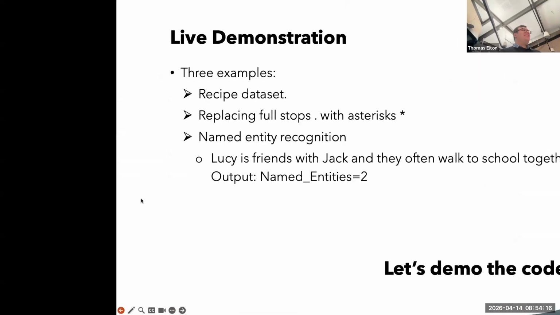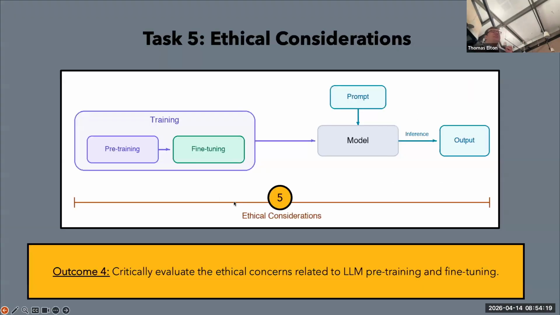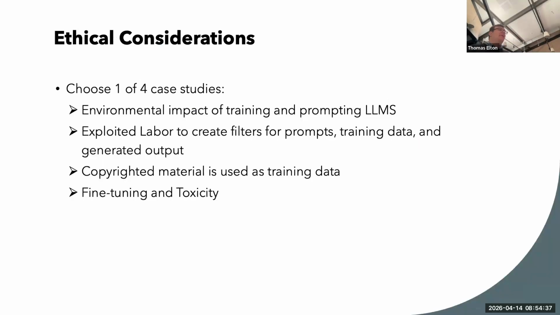Okay, so I'm just going to head back to the slides very quickly. We're almost over. Task 5 is about ethical considerations. It's really important in general to think about the ethical concerns related to LLMs, and there are a lot of them. In today's lecture and in the lab on Friday, we want you to focus on some ethical considerations that are particularly prevalent to training.